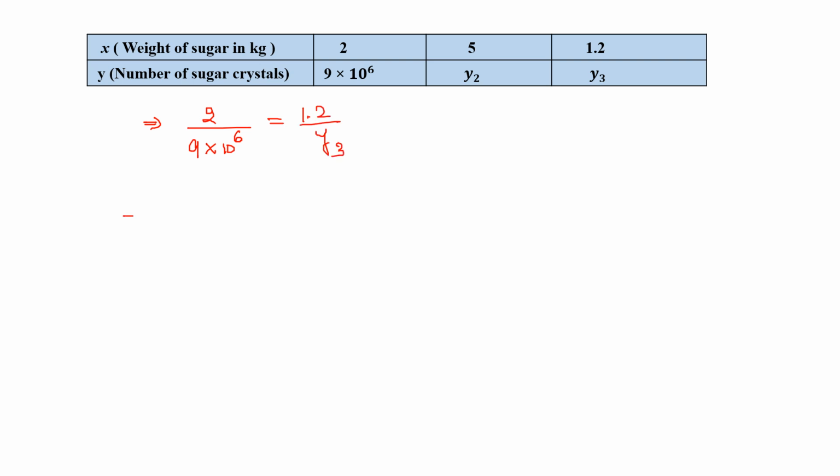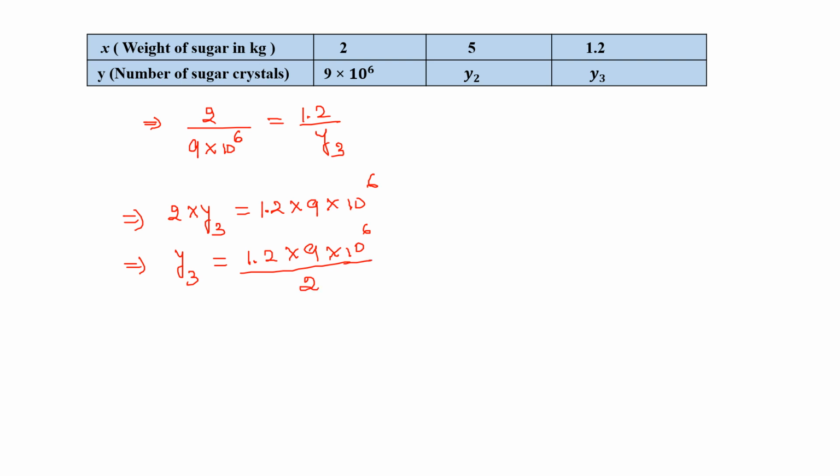And then I will do the cross multiplication. So it will be 2 into y3 is equal to 1.2 into 9 into 10 to the power 6. And then the value of y3 will be 1.2 into 9 into 10 to the power 6 divided by 2.